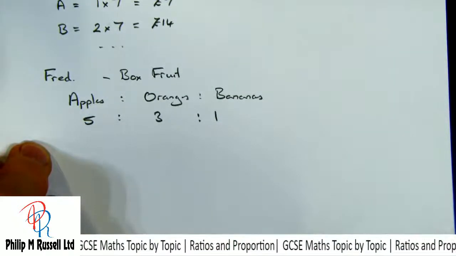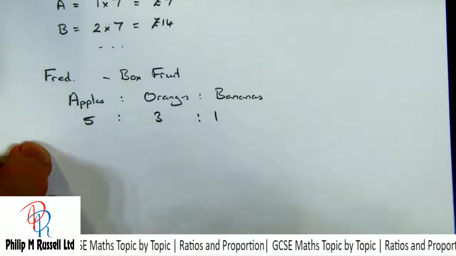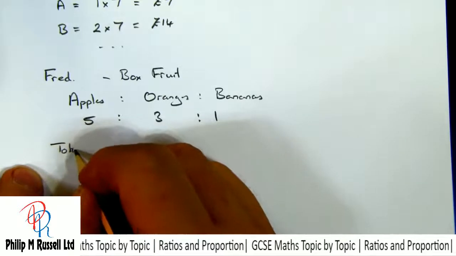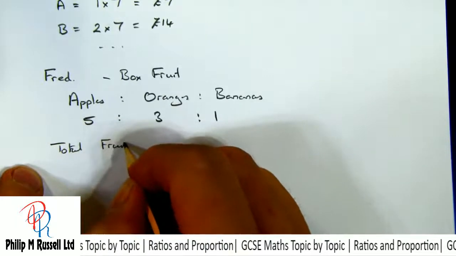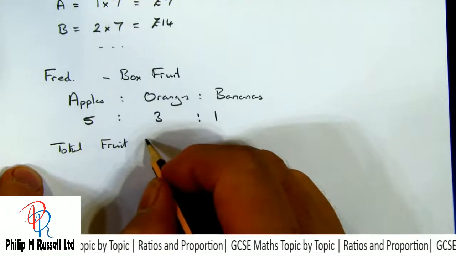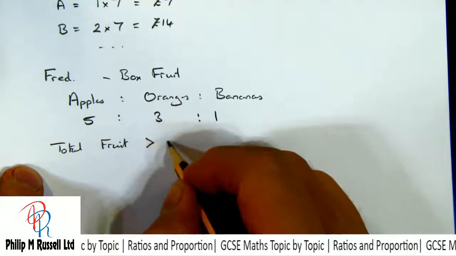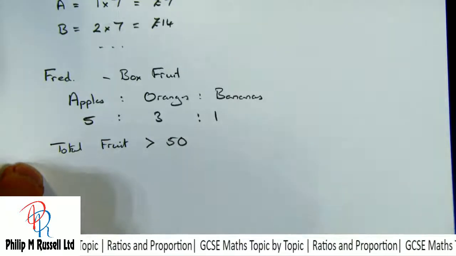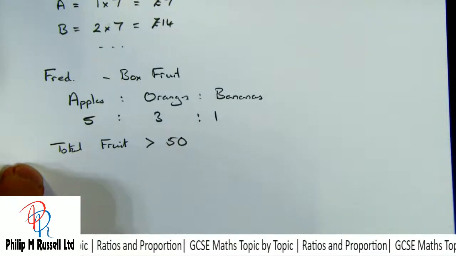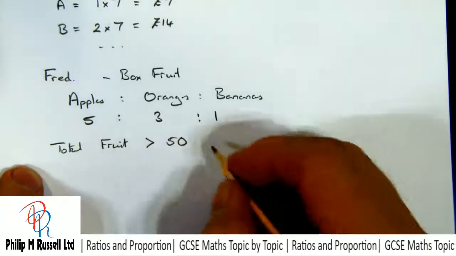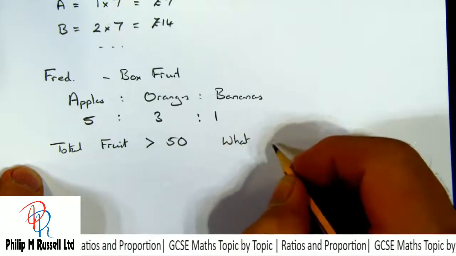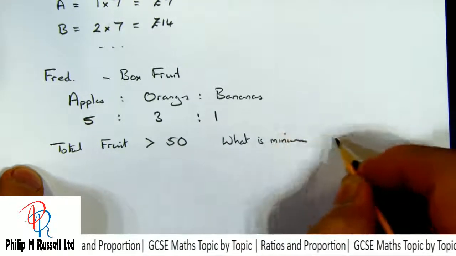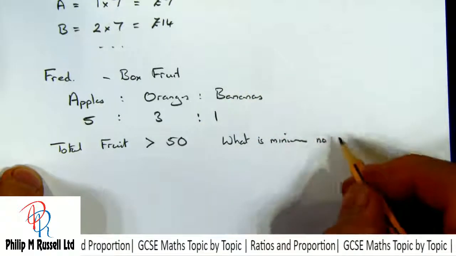Now, let's give ourselves a problem. We're going to say that the total number of fruit here is greater than 50. So we know there are a minimum of 50 items of fruit. So I want to know what is the minimum number of oranges.